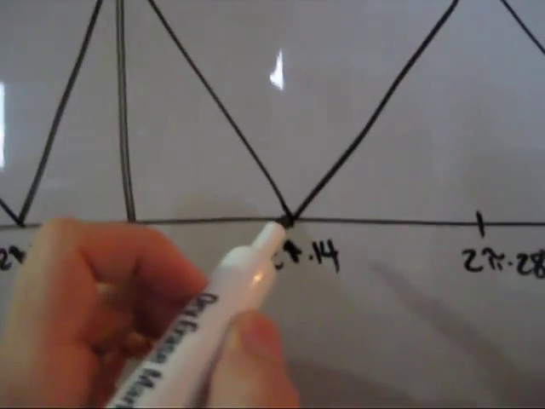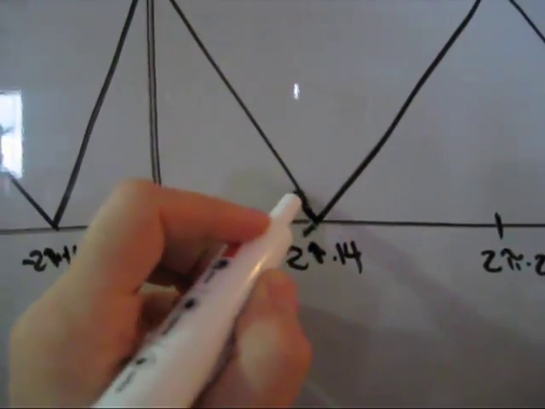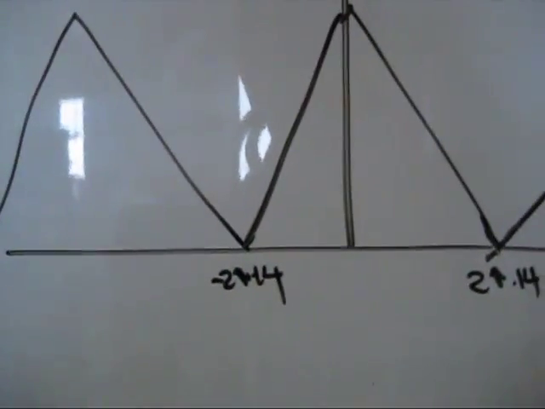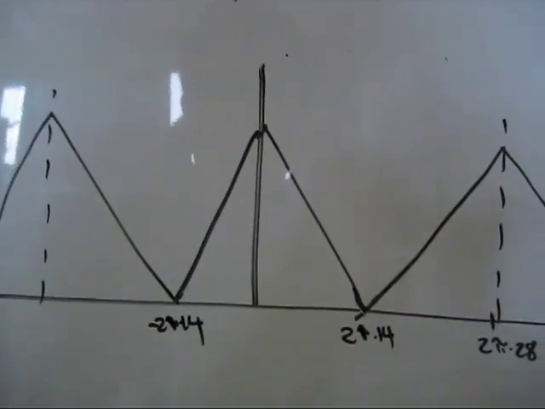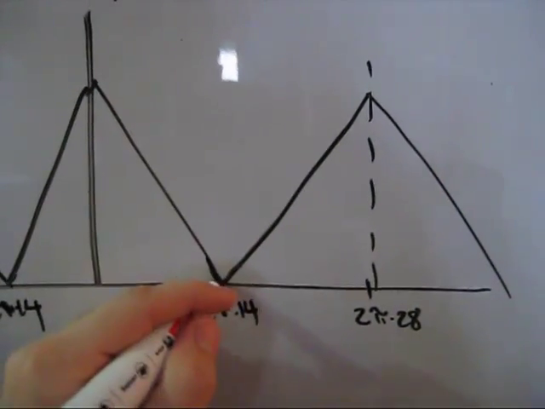So notice the important part here is that the replicas just come and touch each other, and there's no overlap.